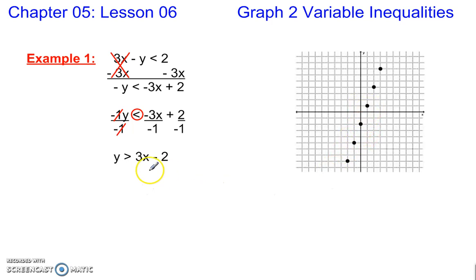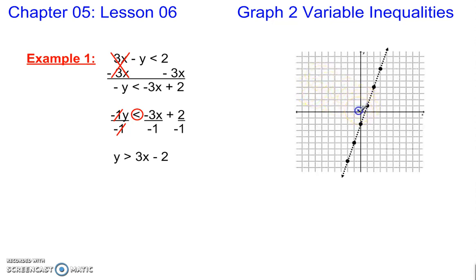Now we need to decide, is this a dotted line or a solid line? Since this is not equals, that means the values on this line are not included in the solution. So this is a dotted line, and then we want to know, do we shade above or below? Well, y is greater than, so it's going to be above the line.